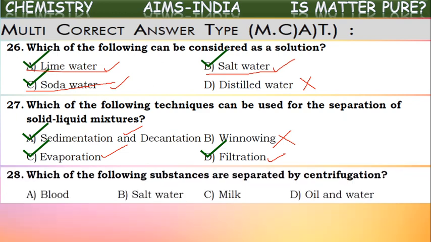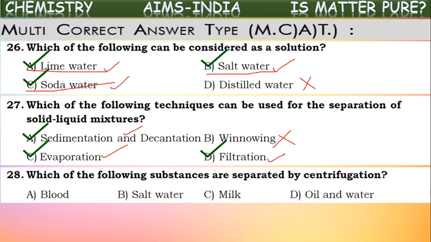Which of the following substances are separated by centrifugation? What is centrifugation? Separation of solid particles from a liquid by whirling that liquid solution at high speed. That is centrifugation. Generally, blood samples and milk samples are separated by using the centrifugation process.